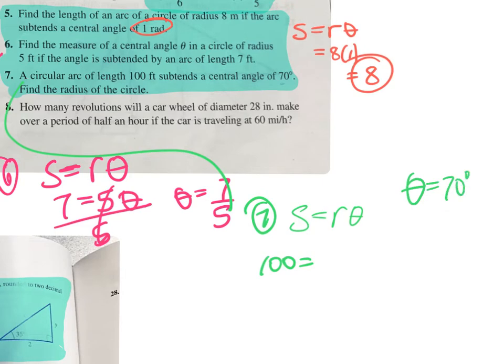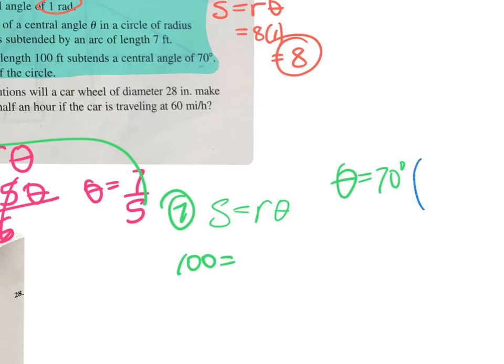What do I have to do first? Make it into radians. So 7 pi over 18. Agreed? 7 pi over 18 times radius. You guys agree with me?